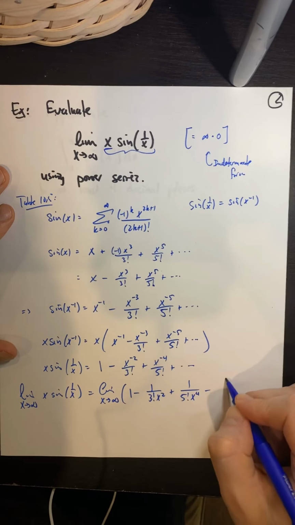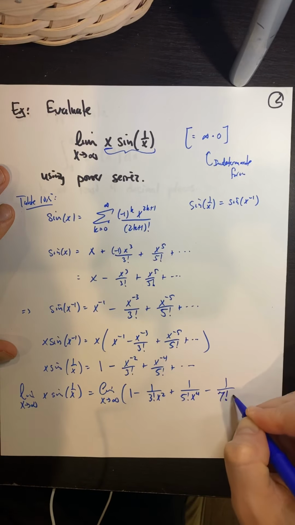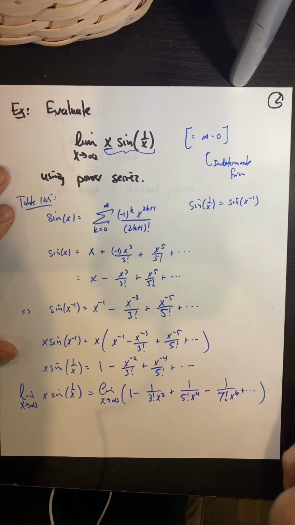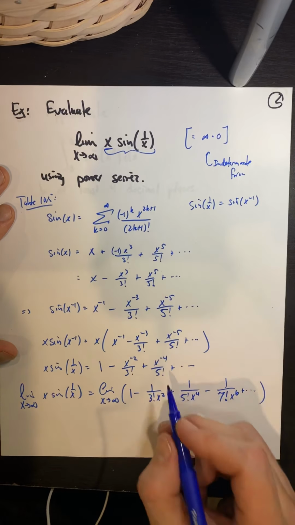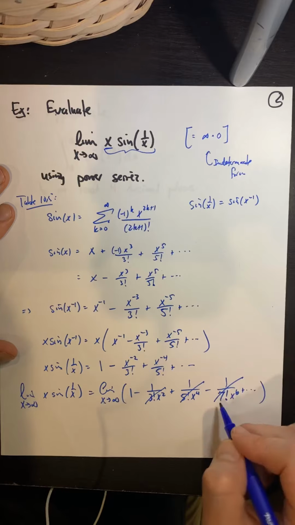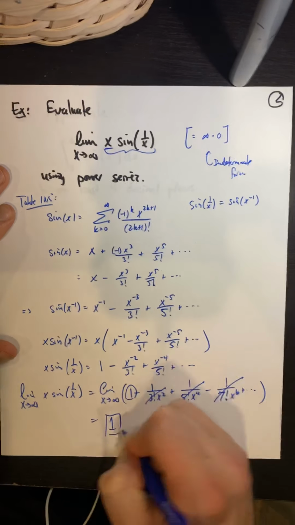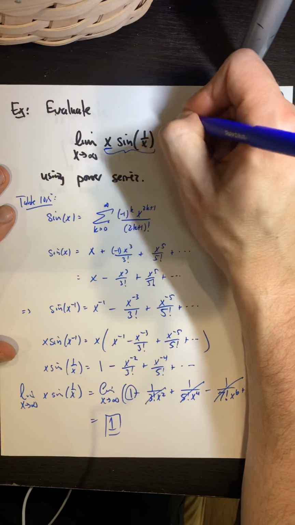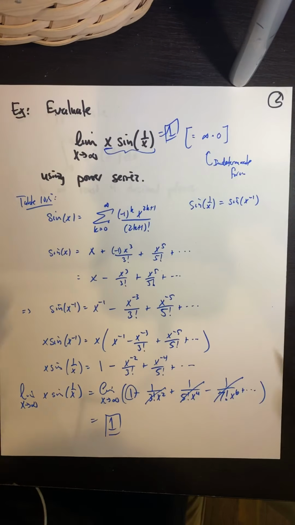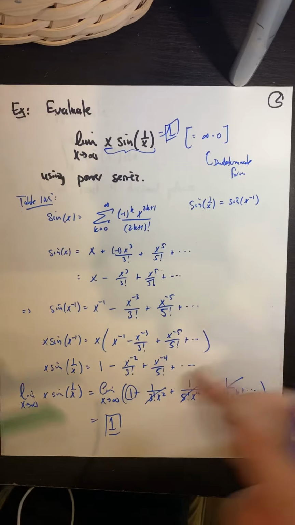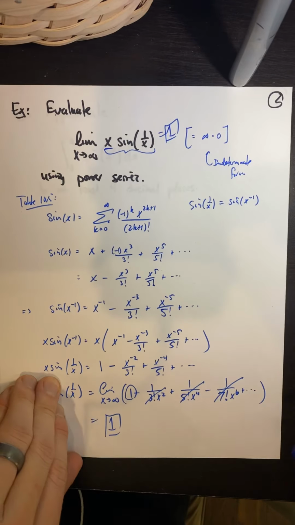And if I was to guess the next term, it would be 1 over 7 factorial x to the 6th, and so on. And so when I evaluate this limit, all of these terms are going to go to 0 because they're blowing up in the denominator. All I'm going to be left with is that 1. So this limit is 1. So this is a way to evaluate the limit using a power series expansion.